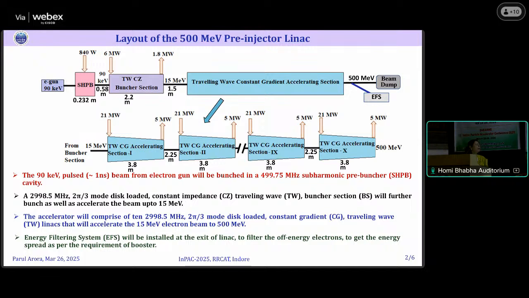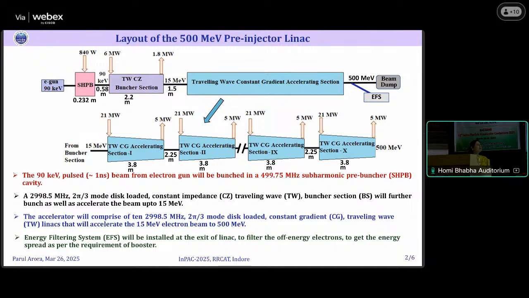This 1 nanosecond beam from the gun will be bunched to around 50 picoseconds in the subharmonic pre-buncher. Then we'll have a traveling wave buncher section where this 90 kV beam will be accelerated to 15 MeV, and it will be further bunched to around 6 picoseconds.